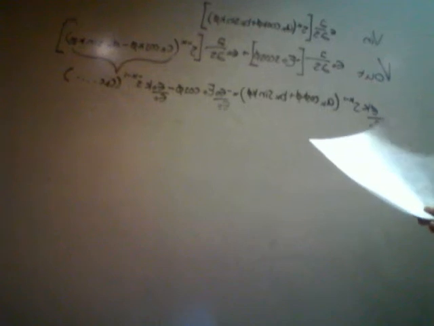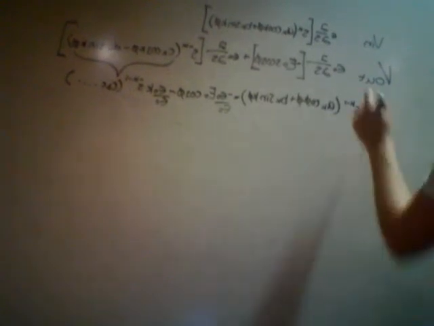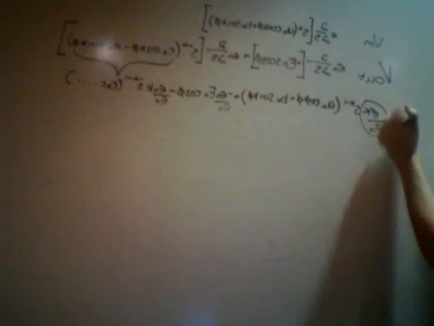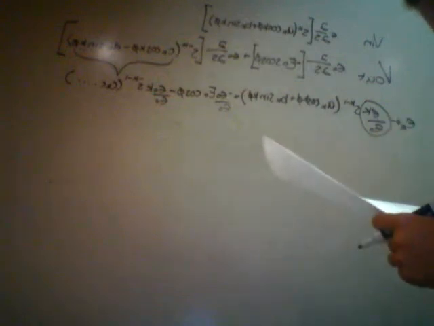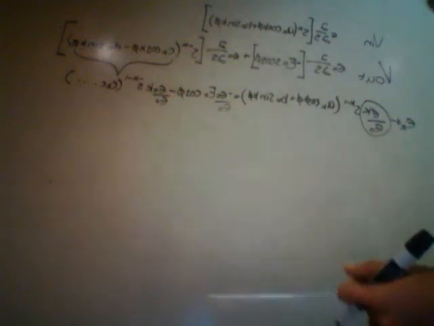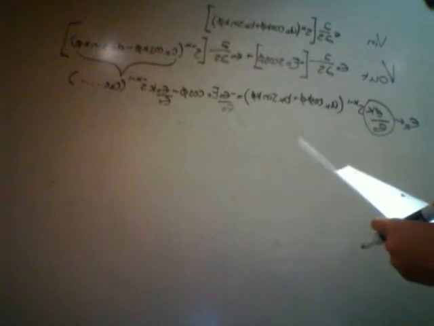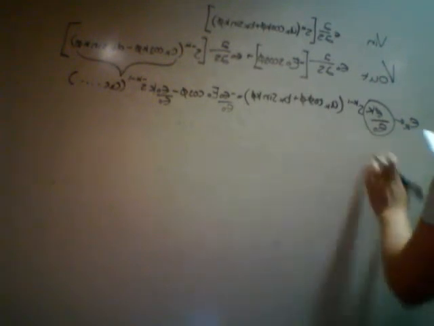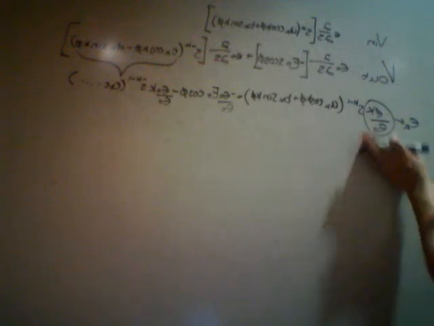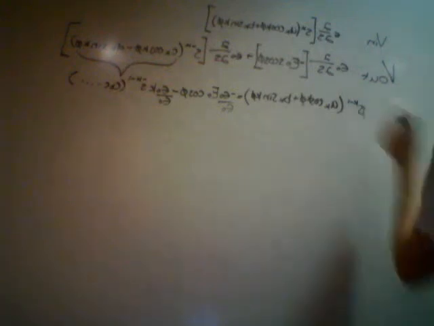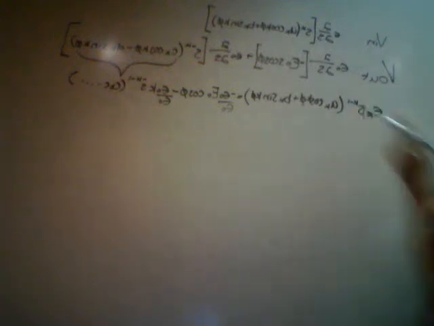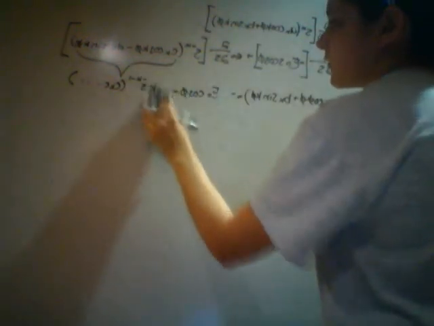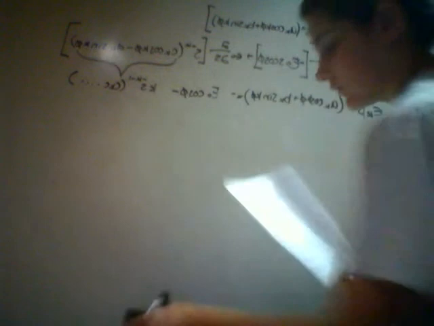Epsilon over epsilon naught is equal to epsilon R. So this term is now epsilon R, and that is equation 4.34 in the Griffiths text. Once we apply that, the epsilon naught values disappear. So this is what we're left with.